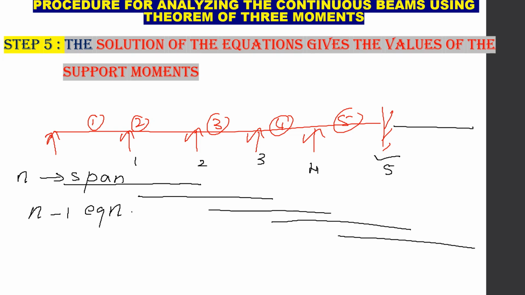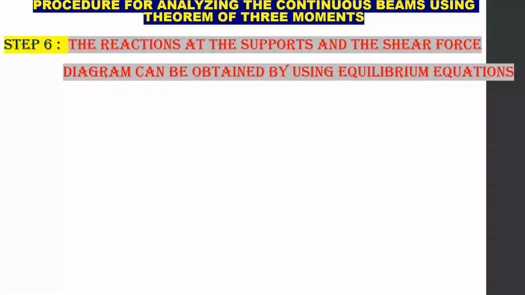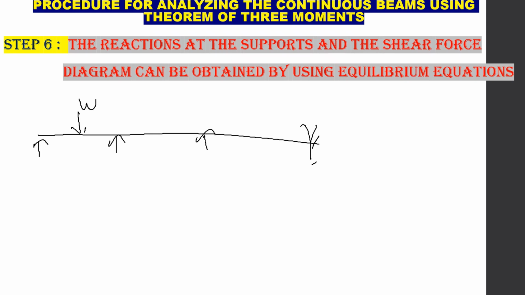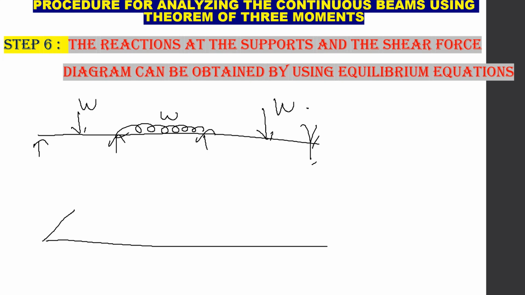And our last step is after obtaining the moments. If your beam has a concentrated load, a uniformly distributed load and another concentrated load, your bending moment will be like this. I have told you the values. Here it is 0.